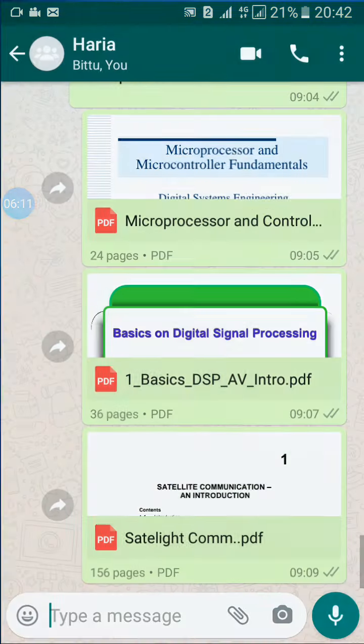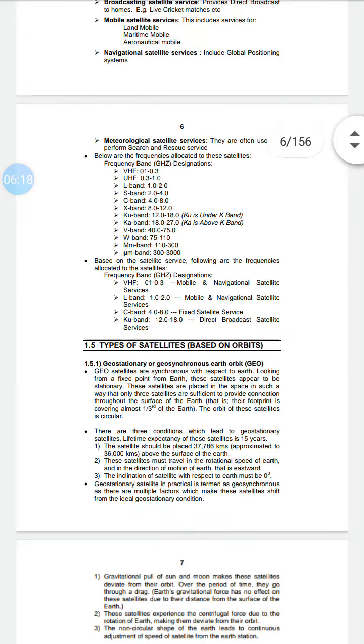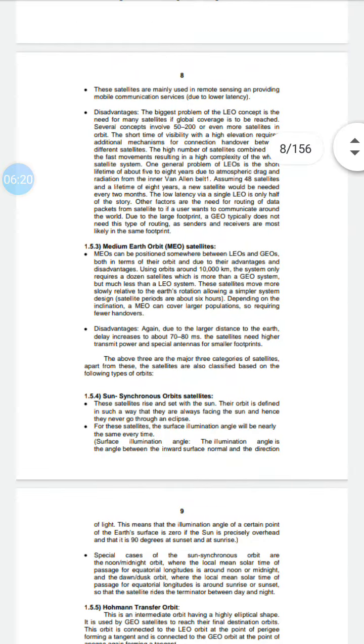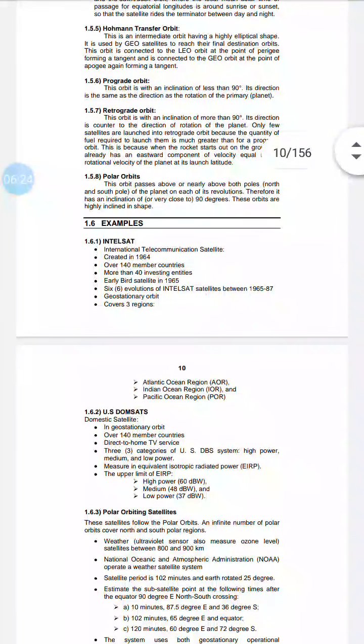Once you study all these types, you have examples. The examples are Intelsat, the International Telecommunication Satellite, with over 140 members and more than 40 investing entities, the Early Bird satellite, and the geostationary orbit.